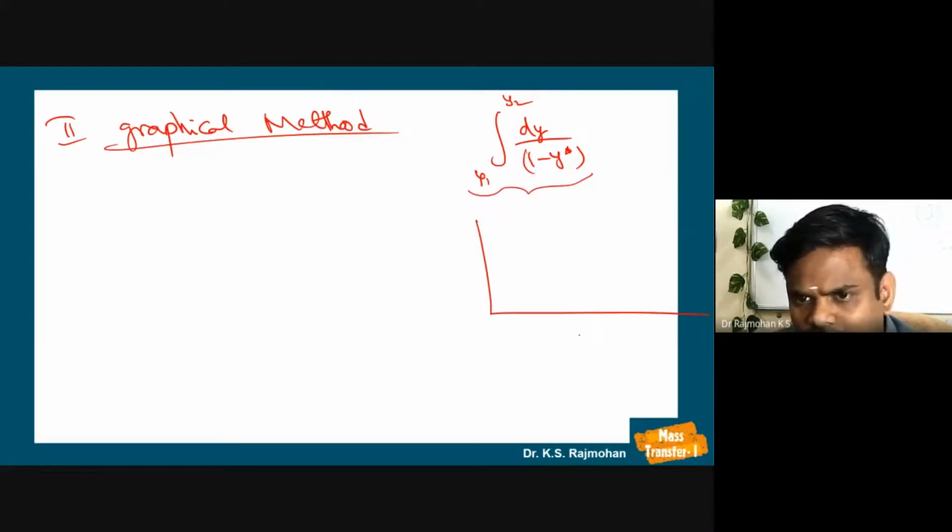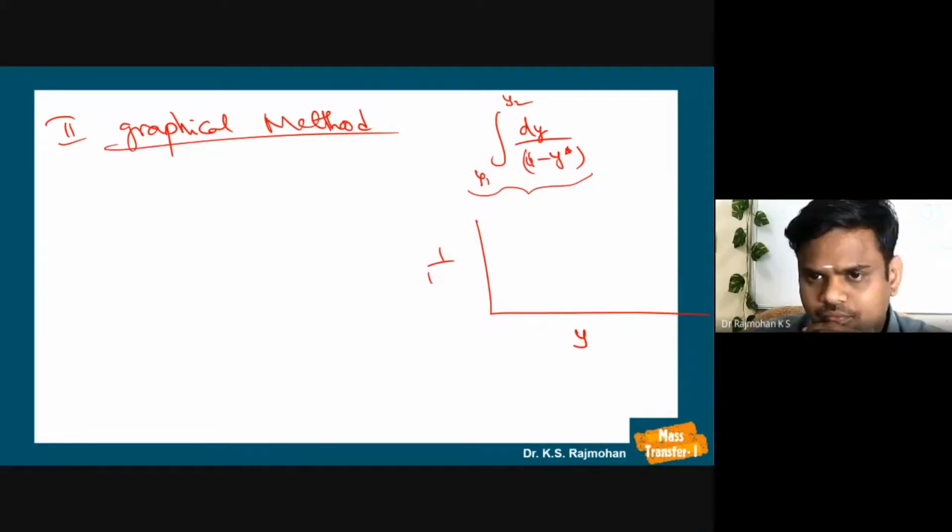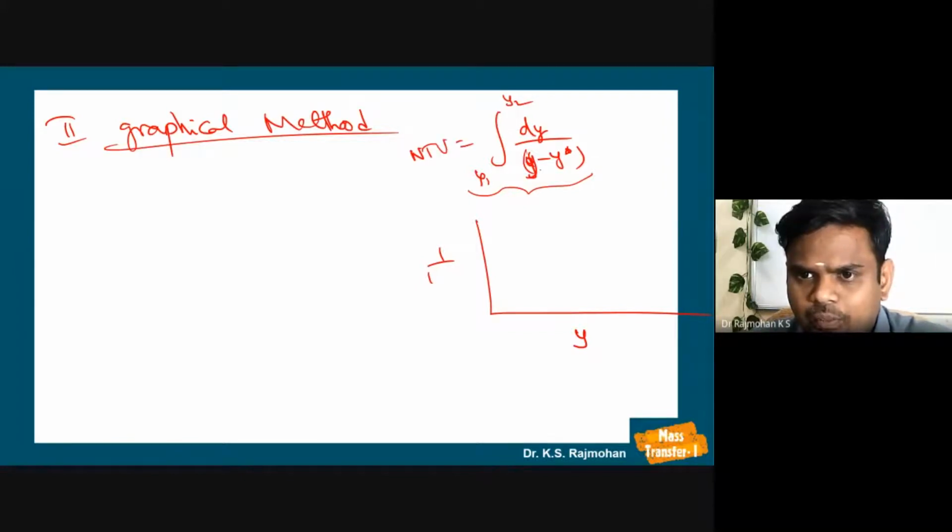So if you plot y versus 1 by (y minus y star), in yesterday's class itself we have seen that NTU is equal to the integral from y1 to y2 of dy by (y minus y star), right?